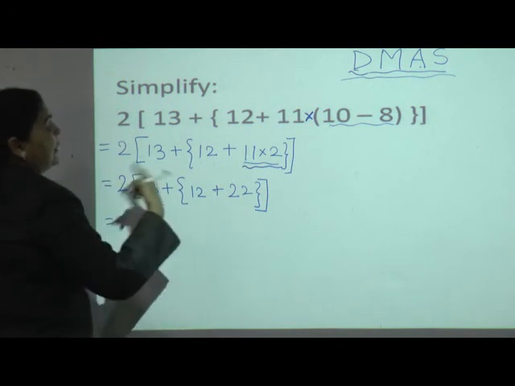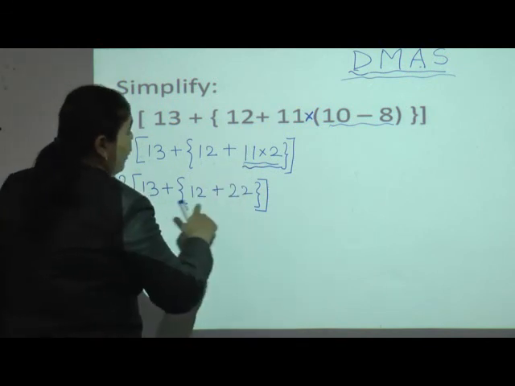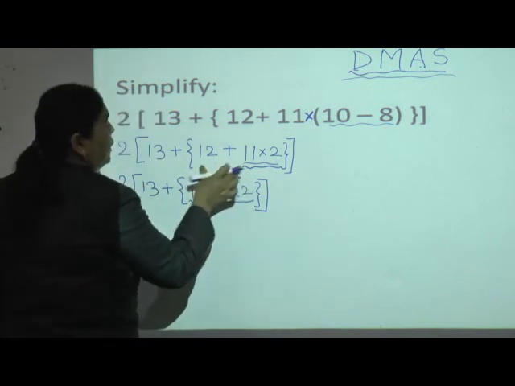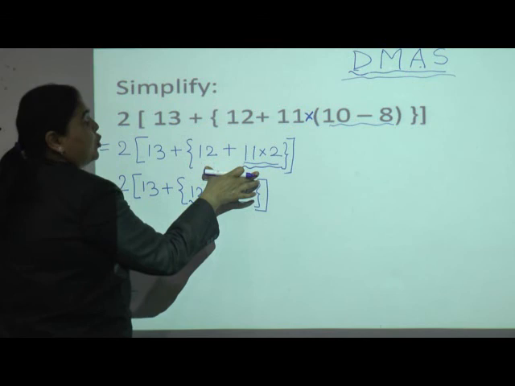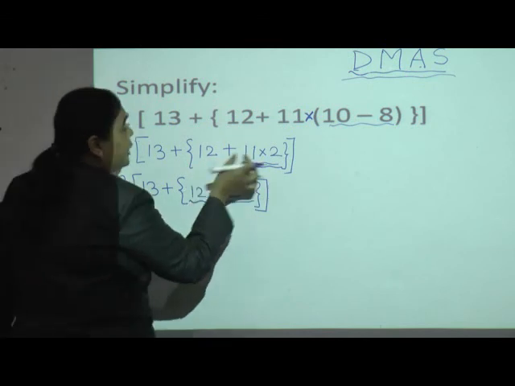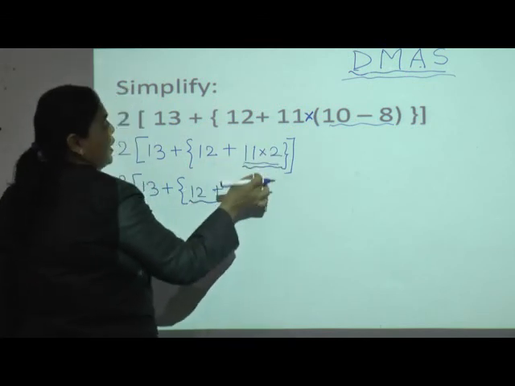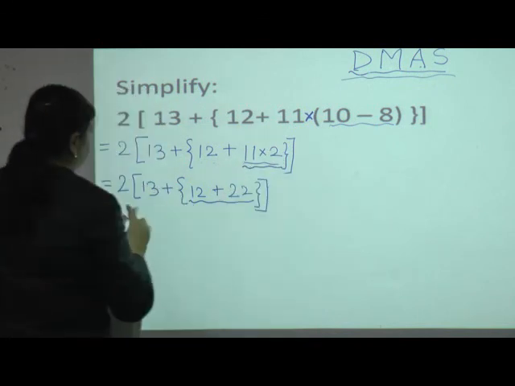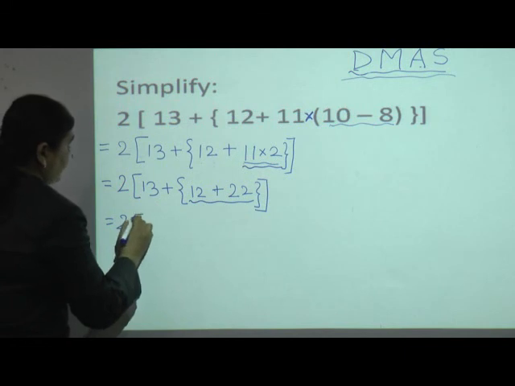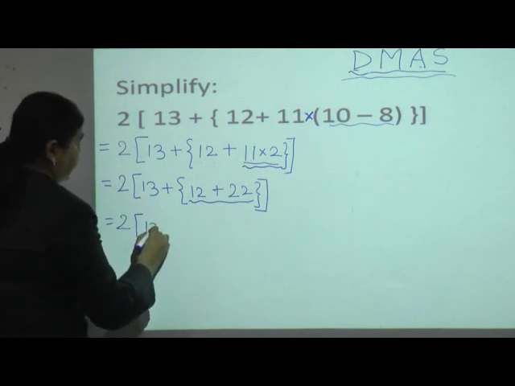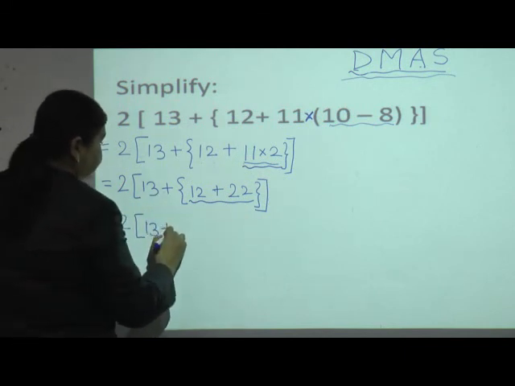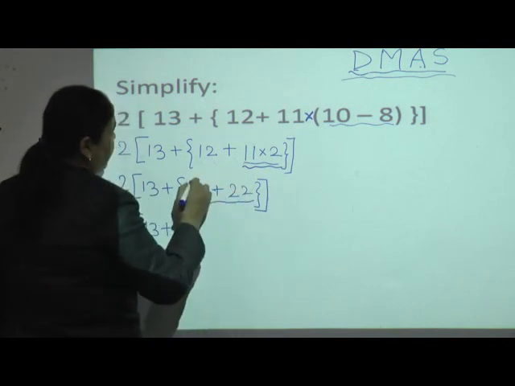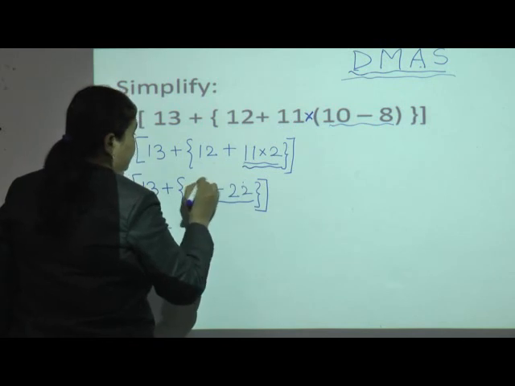Next step I have to go for the total curly bracket. I had underlined the whole first. Why? Because we were going to solve the total curly bracket, but in that we are having different operations, which is multiplication. So I had underlined 2. I will write here again 2, inside the bracket 13 plus, what is the addition of this? 12 plus 22. If you don't know, I told that day also, we have to add.